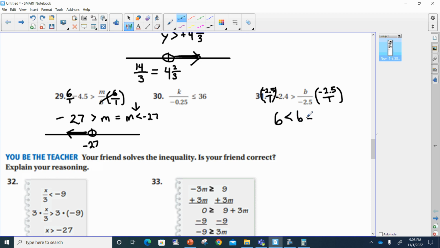Or we could say that b, turn the symbol around the other direction, is greater than 6, right? When I bring my graph down here, I will simply put a 6 down here. I will put a, let's see, this is greater than sign. And then since the arrow is pointing this direction, it must be all of the numbers in this direction.